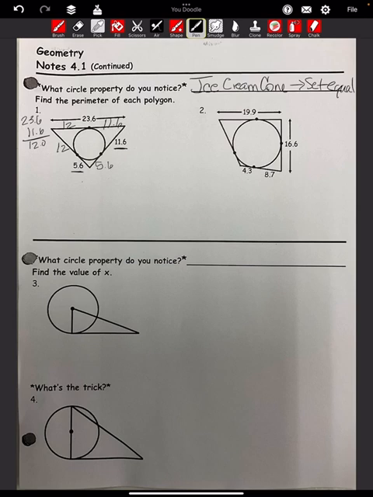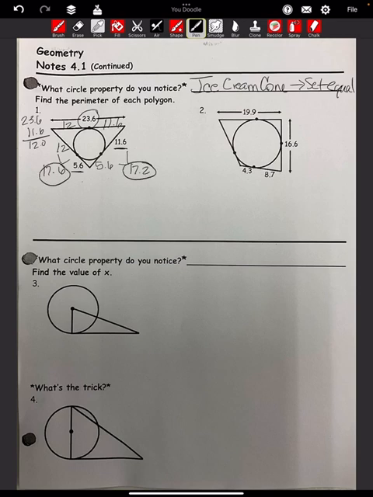All right? So now that we filled out the parts, it's find the perimeter of each polygon. Now, we already have the measurement for this side, which is this. So now what we need to do is add these two together, and that should give us 17.2, because 11.6 plus 5.6 is 17.2. And on this side, when we combine them, we should get 17.6. All right?